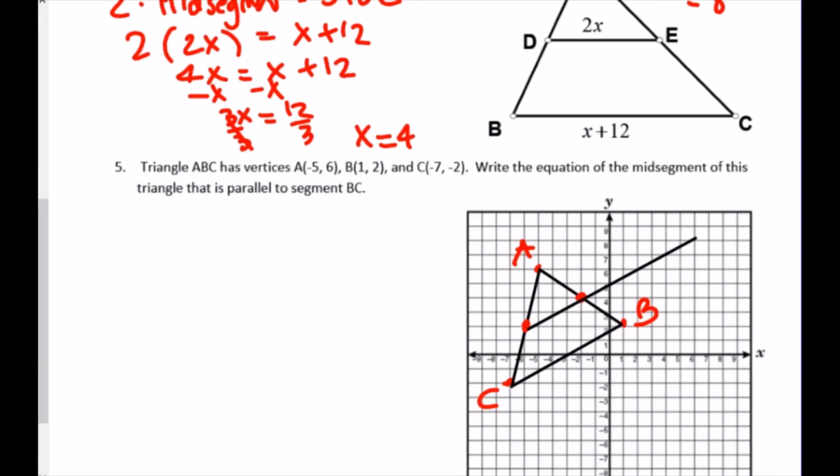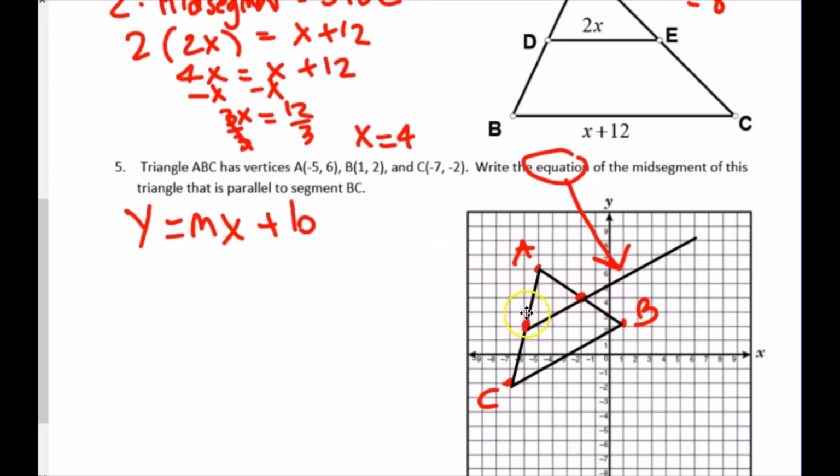That midsegment is part of a line, and that line has an equation. Y'all like this? Y'all's favorite thing from Algebra 1? Y equals mx plus b, right? I know you can give me an equation of that line, right? Let's remember, y equals mx plus b is the format. M stands for what over what? Rise over run. So let's rise and run for this midsegment.